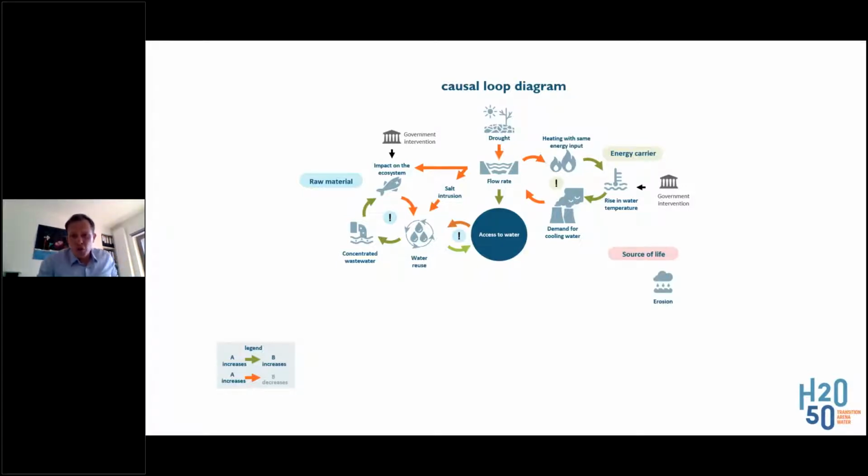Then we have the whole food system, water as a source of life, where you have a lot of variables playing, but an important one is, for example, erosion. In the last period in May, we saw a lot of water flowing. We saw that rivers were brown because there's a lot of erosion and organic material leaving the arable land. Organic material, which is kind of the glue between the soil particles, then also diminishes, and this increases erosion again.